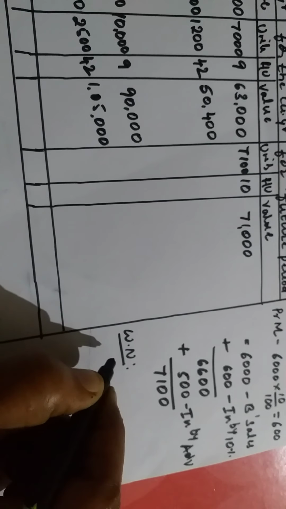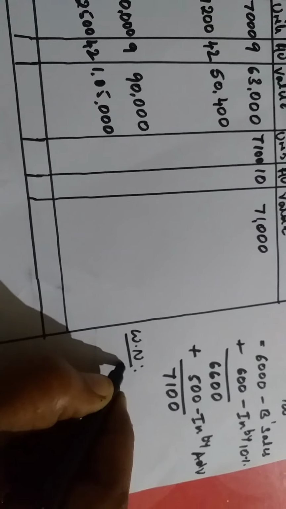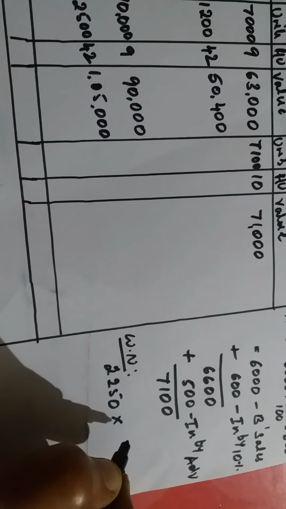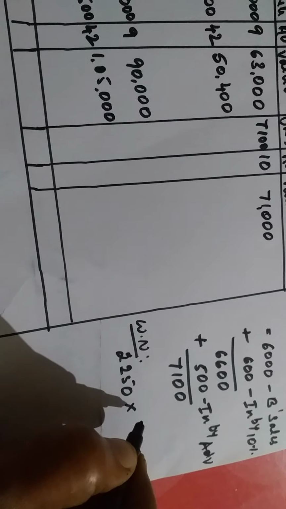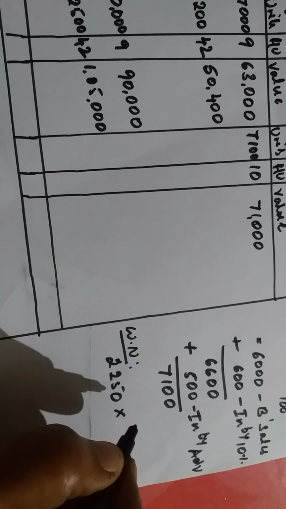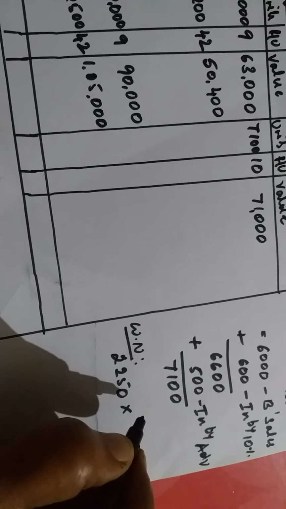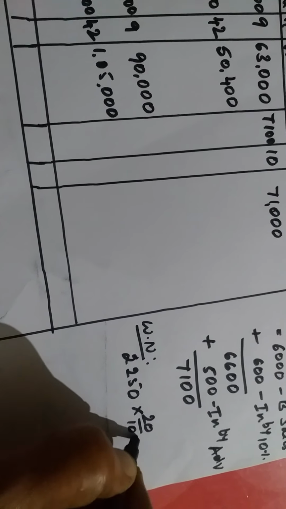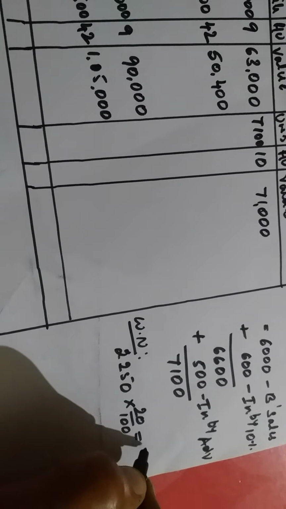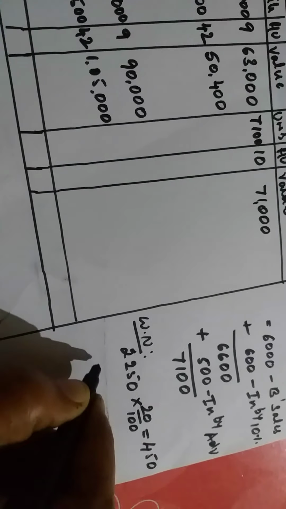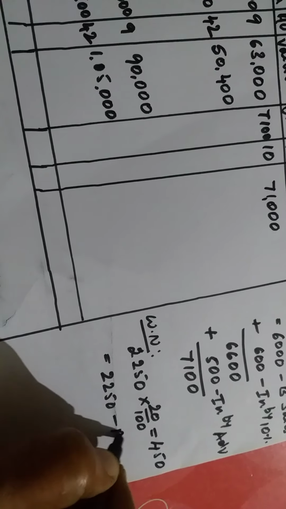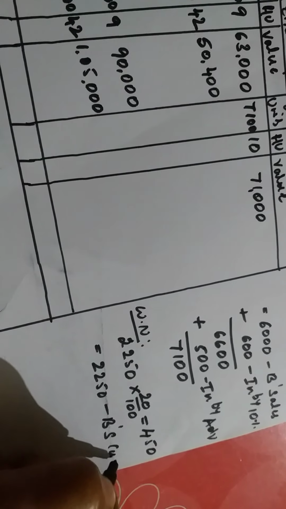Budgeted sales for the current year is 2,250, which is going to be increased by 20%. Have a look in the problem. In Karnataka state, the sales is expected to increase by 20%. So it comes to 450. And now 2,250, right? This is the budgeted sales of the current year.